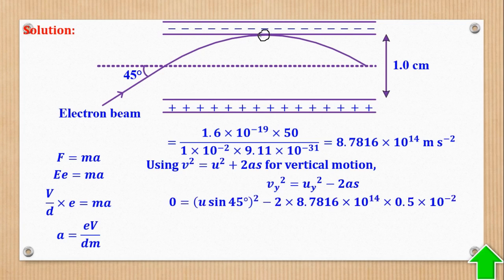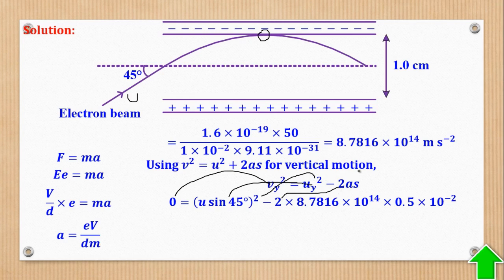I think you remember that under projectile motion in physics paper 1 in mechanics. Then this one is the initial vertical component we have to resolve. So velocity here is u. When I resolve, it will be u sin 45. It is squared, so don't forget the square.